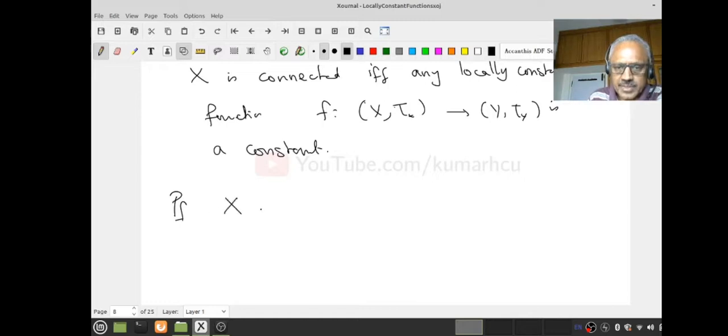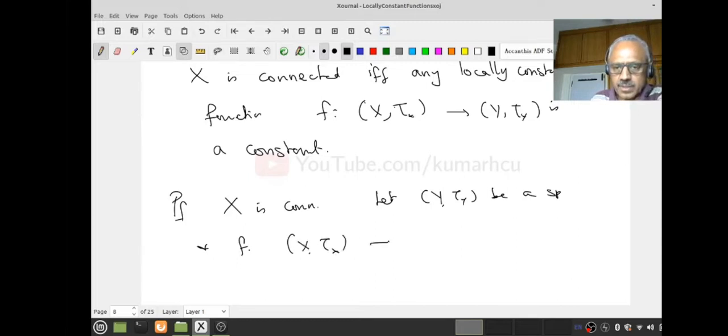So assume X is connected. And let (Y, tau_Y) be a topological space, and f from (X, tau_X) to (Y, tau_Y) be locally constant. Then what do you have to prove?